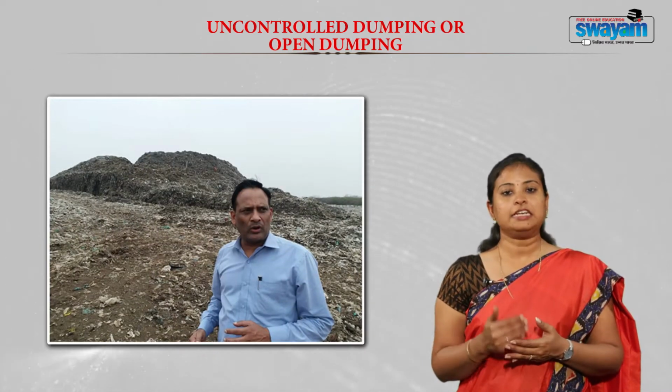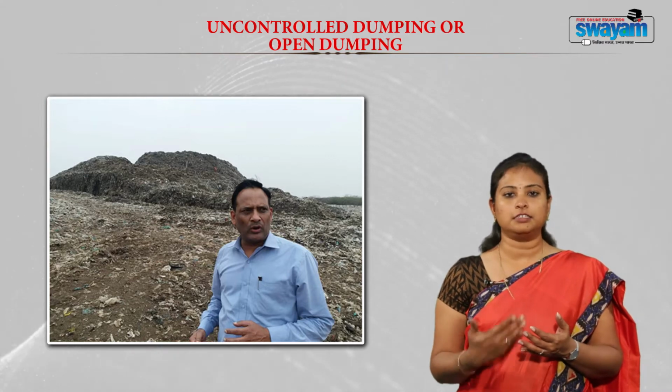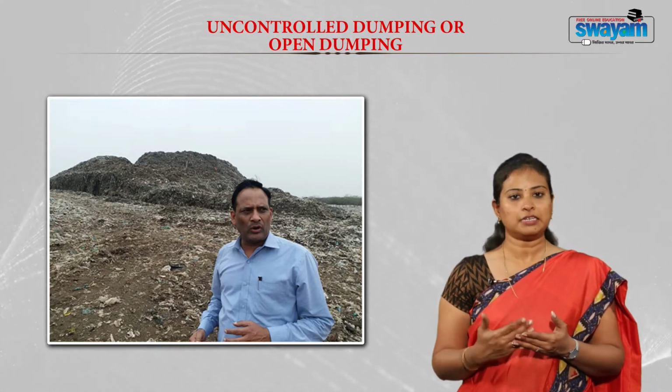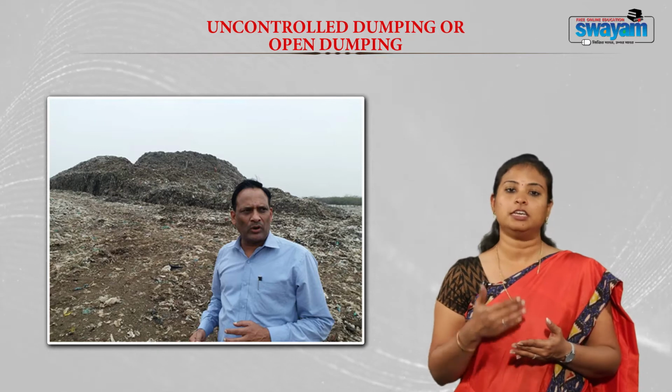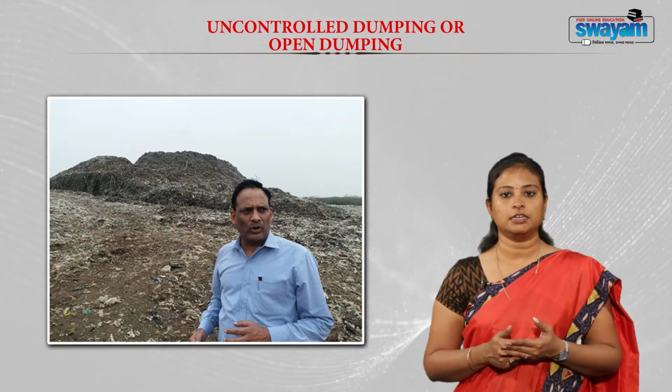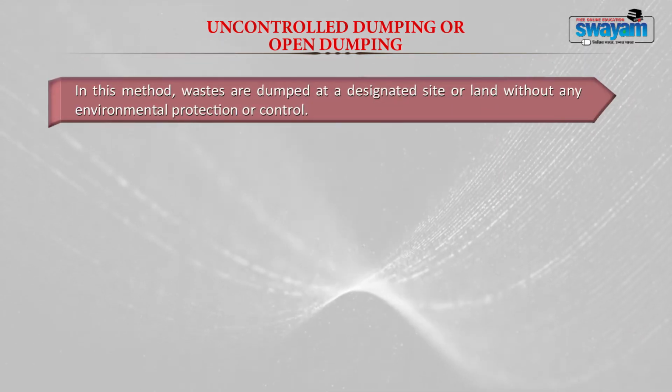Now, let us discuss what uncontrolled dumping is and what problems are associated with open dumping. Uncontrolled dumping is also called open dumping. It is one of the most common methods of waste disposal and it is practiced in many parts of the world, especially in the developed and developing countries. Wastes are dumped at a designated site.